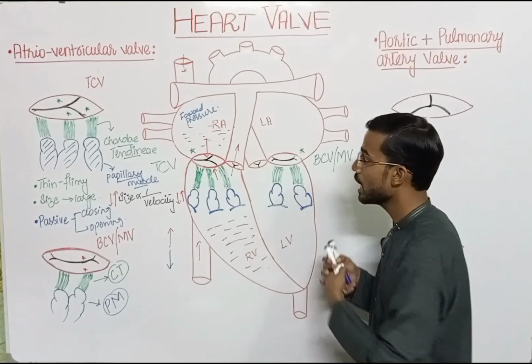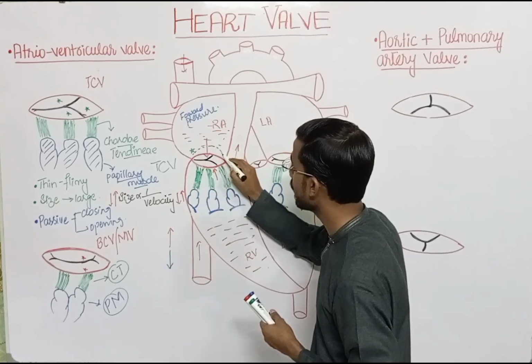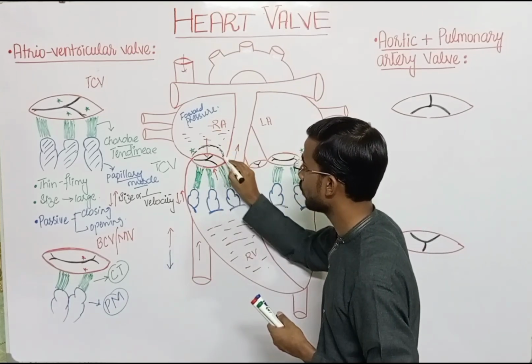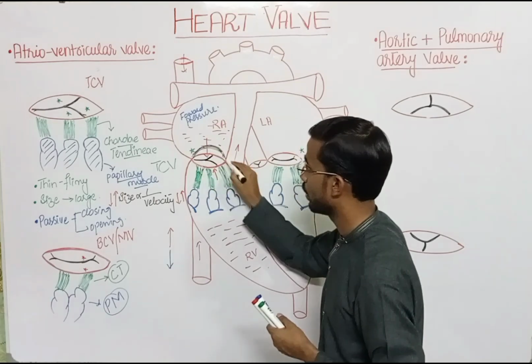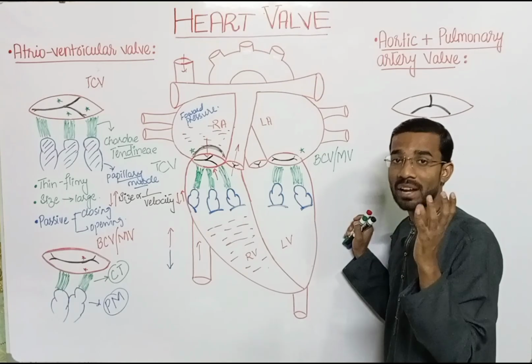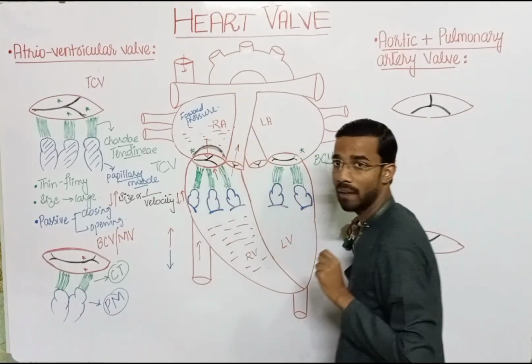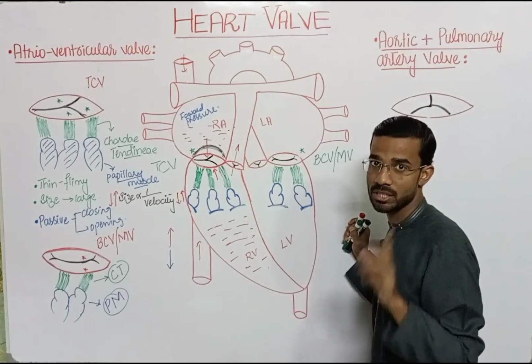So it actually prevents the bulging of the tricuspid valve into the right atrium. Actually, chordae tendineae help in the prevention of the bulging of the tricuspid valve into the right atrium. So this is the situation.